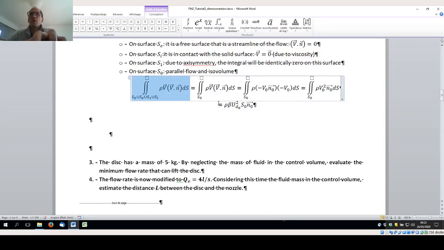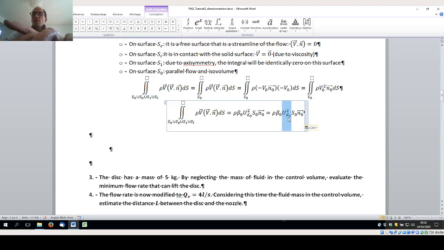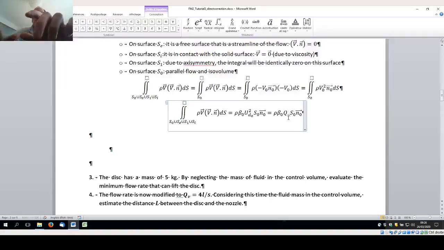So we have all those terms, and after, if we want, we can write it like this: this is the kinetic coefficient inside the section S0, and if we want, we can write it as a function of QV square.